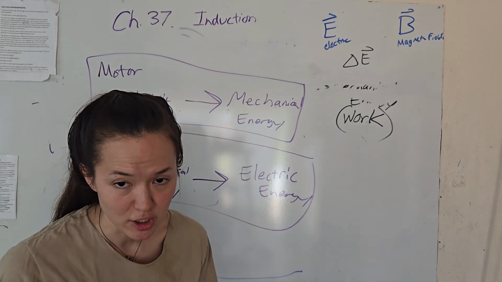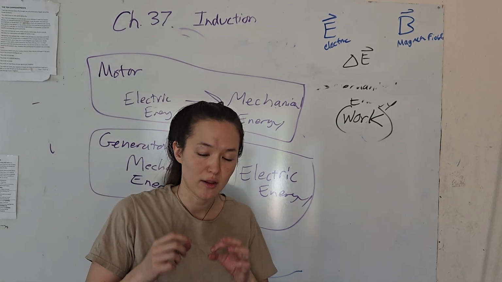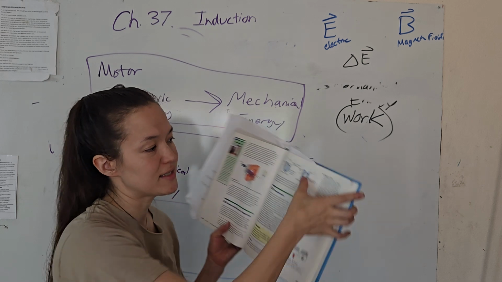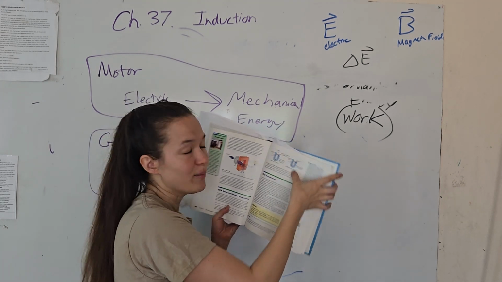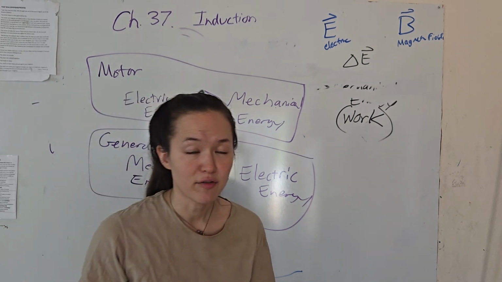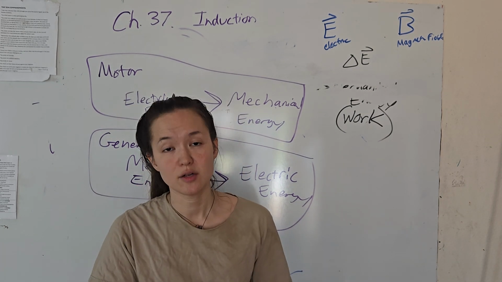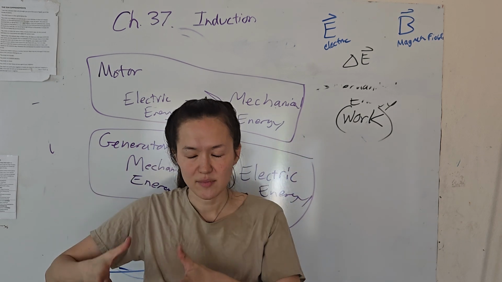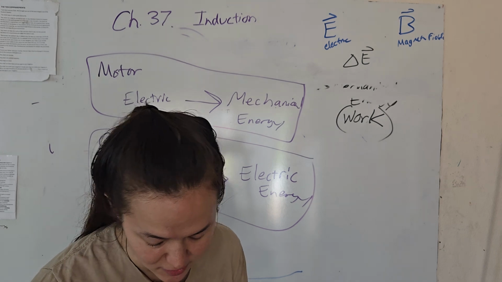So remember, the generator effect is turning mechanical energy into electrical energy, and that force is current that he's generating by wiggling that wire in a magnetic field. The generator effect is mechanical to electrical, and the motor effect is electrical to mechanical.